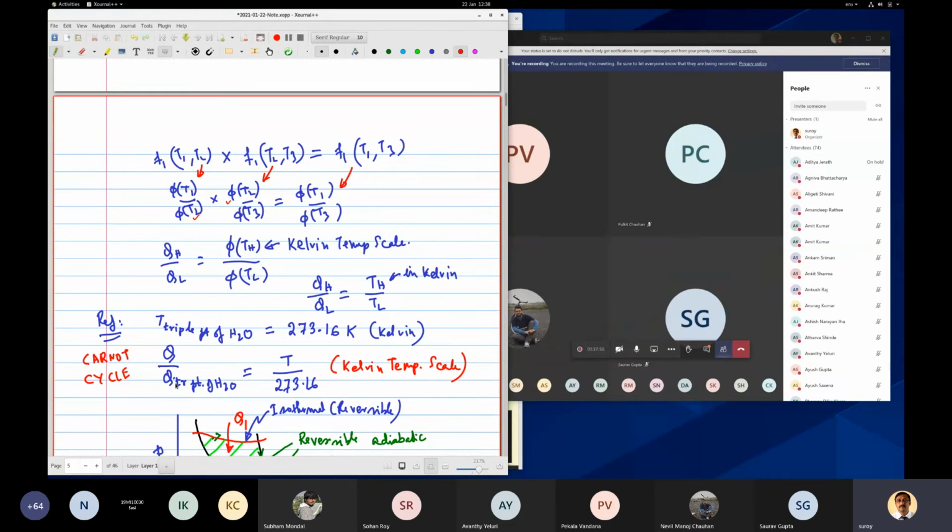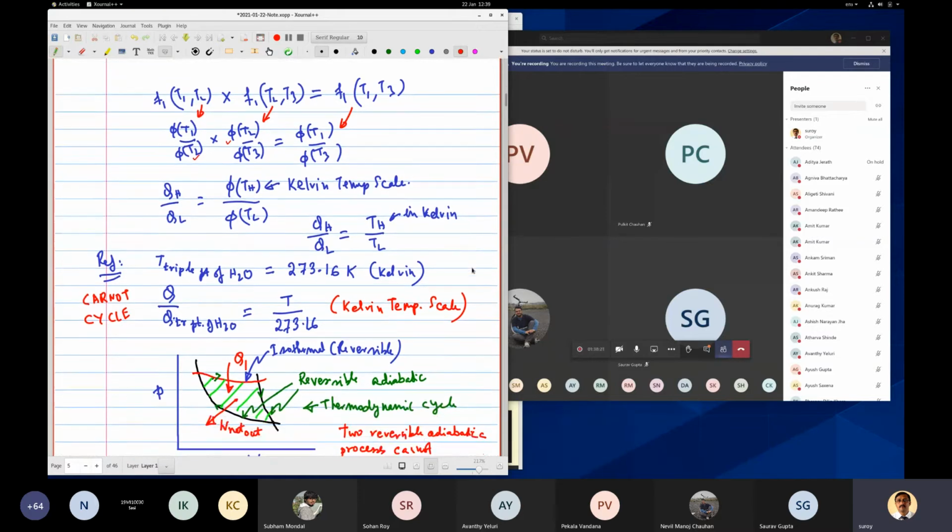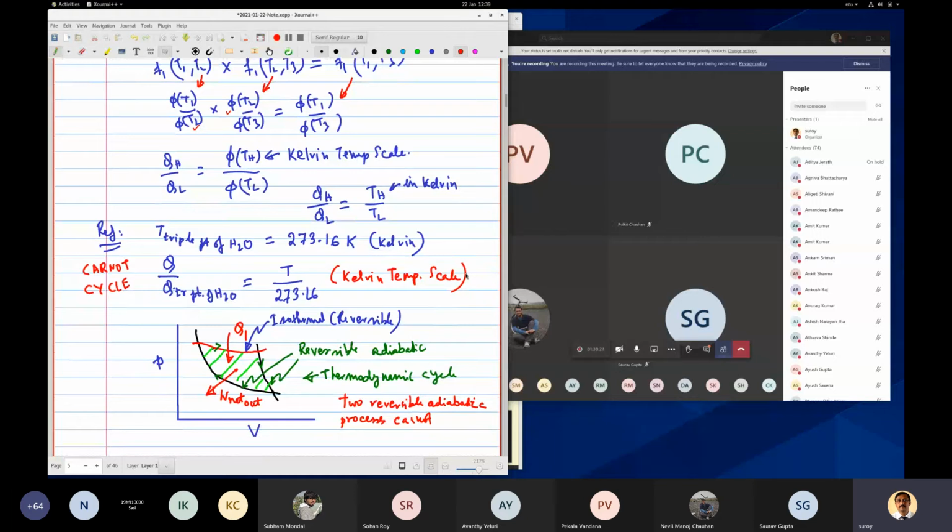So if you have heat transfer from there, and then heat transfer at some arbitrary temperature T, this was called 273.16, and this is our T. So this is the temperature scale, and it is called Kelvin. That is how this temperature scale Kelvin came from thermodynamics concepts.